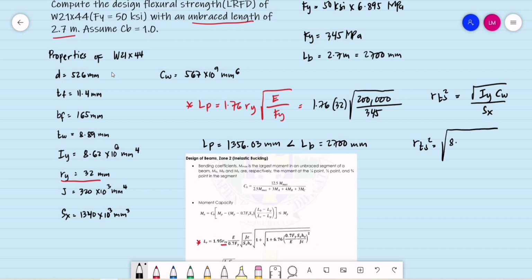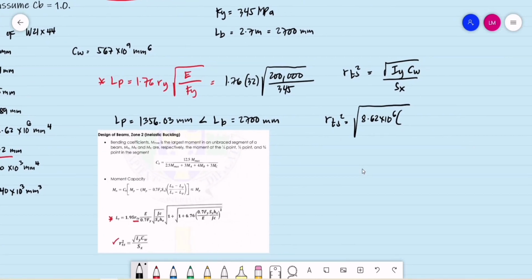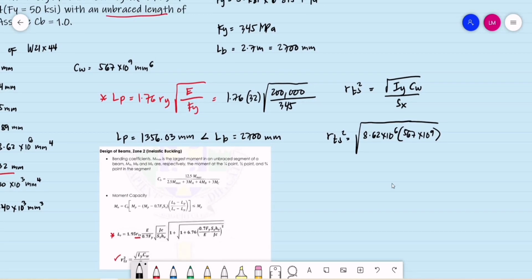Iy is 8.62 times 10 raised to 6, then the value of C sub w is 567 times 10 raised to 9. That is millimeters to the 6 and millimeters to the 4, so the square root will be millimeters to the 5.